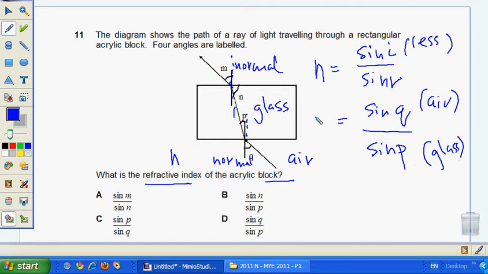So the best answer is sine Q over sine P. It will be option D. It is the sine of the angle between the emergent ray and the normal, so it's Q, and this is P.